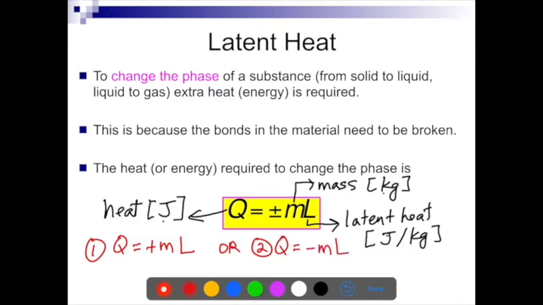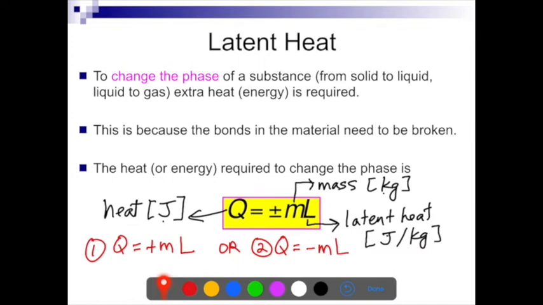In the first form, the positive sign means that heat is being added to the material. For example, liquid water boiling and changing phase into steam, or the gas phase of water. So you need to add energy to liquid water in order for it to be converted to gaseous water or steam.